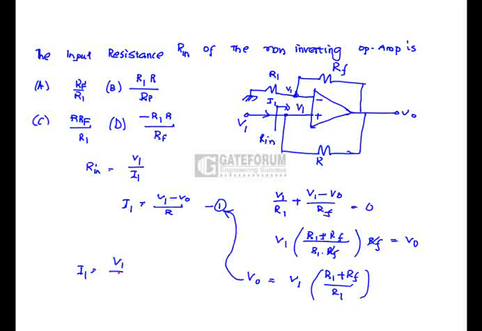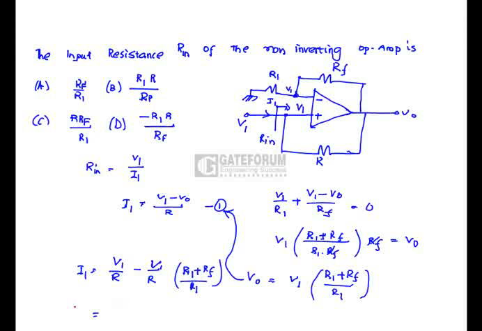So I1 is V1 by R minus 1 by R into V0, this is V1 into R1 plus RF by R1.